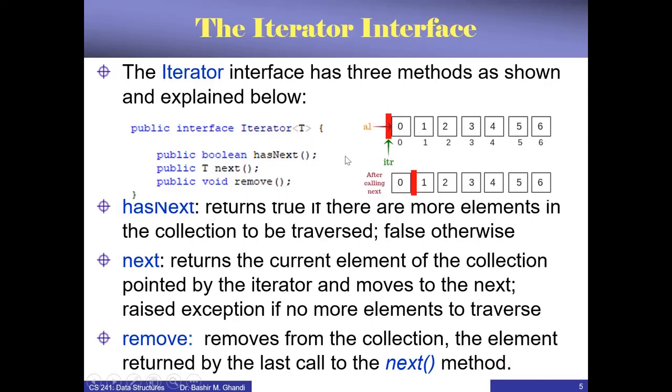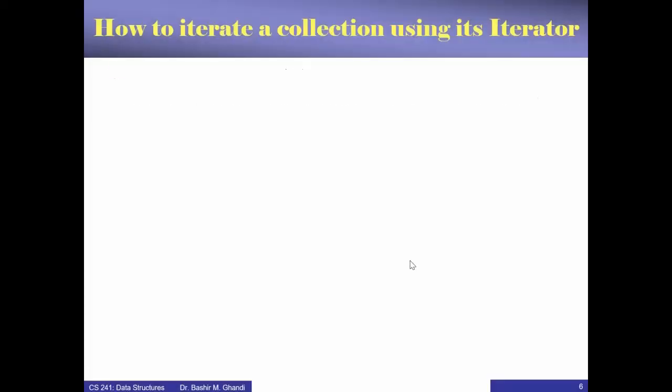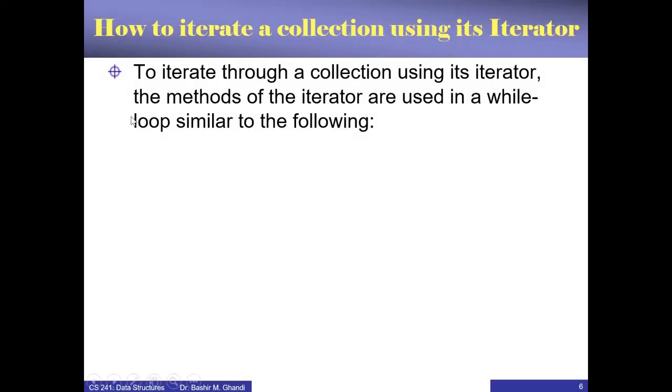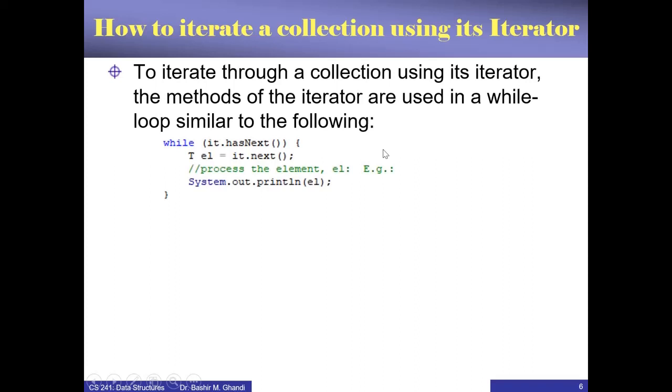It means the object that we obtained in our previous slides has these methods. How do we use these methods, therefore, to iterate through our collection? To iterate through a collection using its iterator, the methods of the iterator are usually used in a while loop, similar to the following.